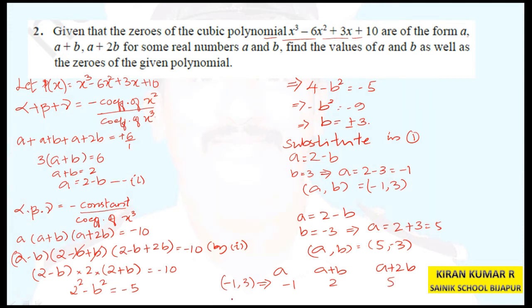If you consider a and b values as 5 comma minus 3, the value of a is 2, a minus b is 5, and a plus b is minus 1. So the zeros are minus 1, 2 and 5. Hope you have understood this now.